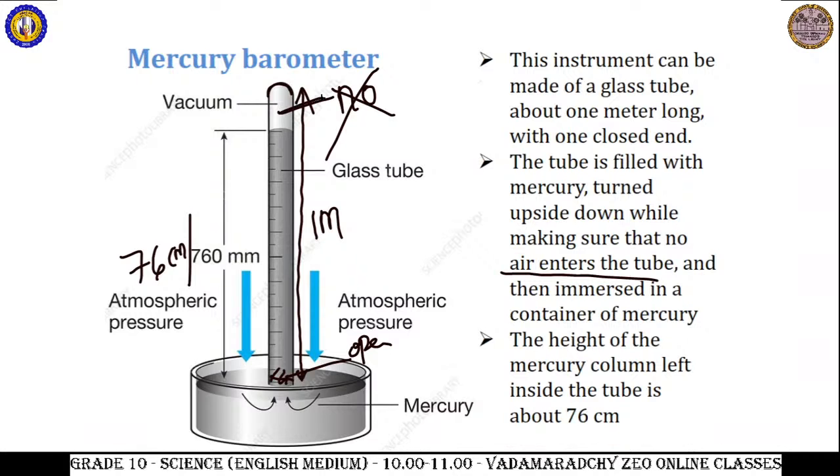Thereafter, we immerse this 1 meter glass tube into a container that contains some mercury. Now we can observe that the mercury left in the glass tube is about 76 centimeters.